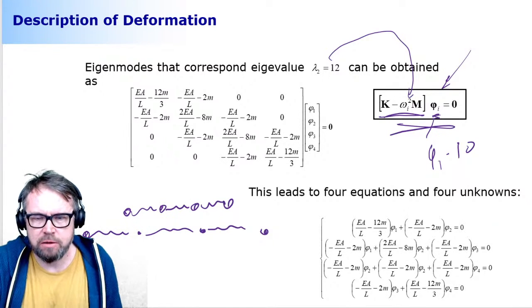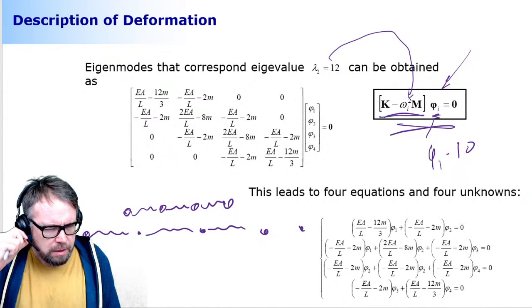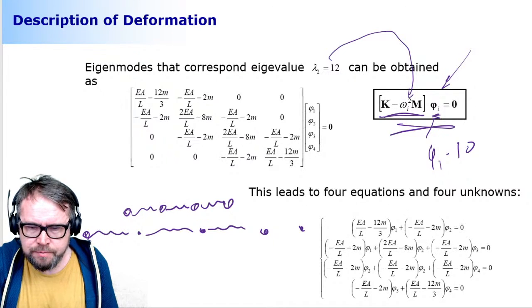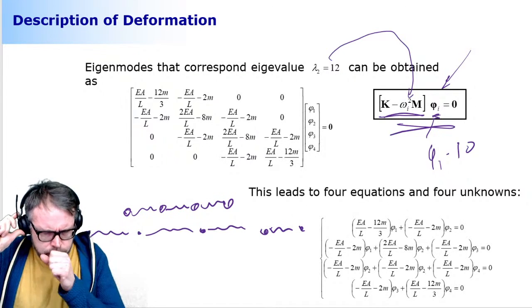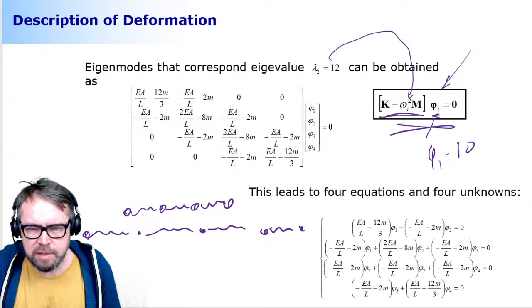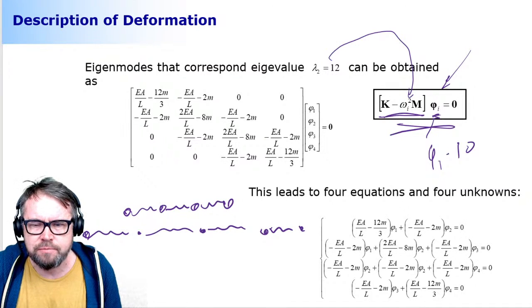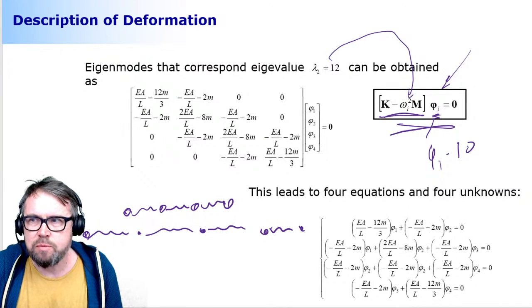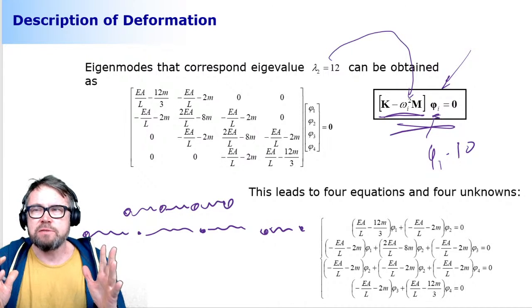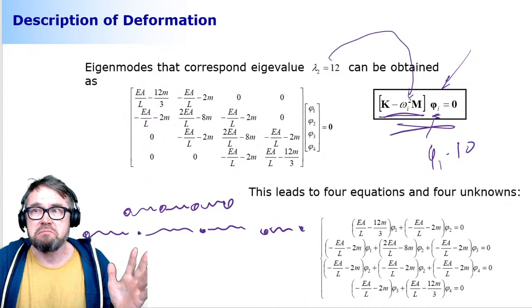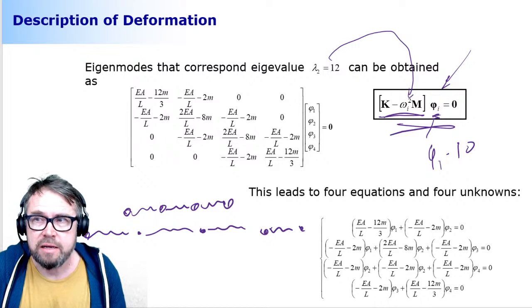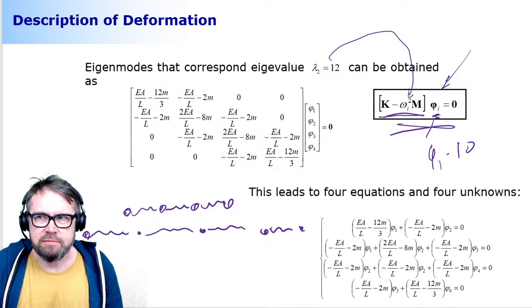Oh, I'm missing one node. Like that. Now, if you would multiply this by 10, it would mean that the magnitude of the deformation would be just 10 times bigger, nothing else. The shape will still be the same.